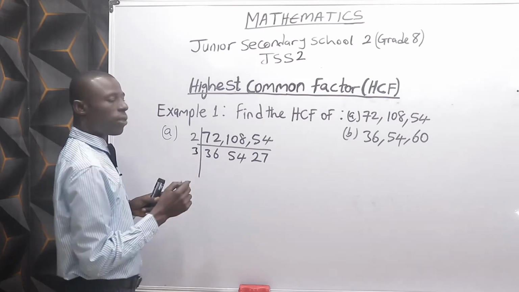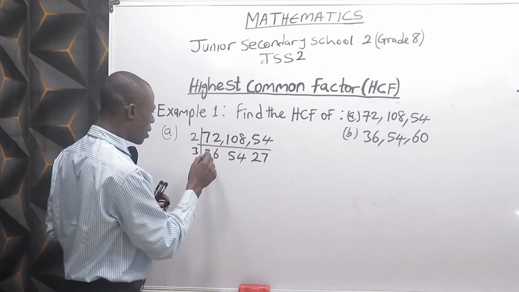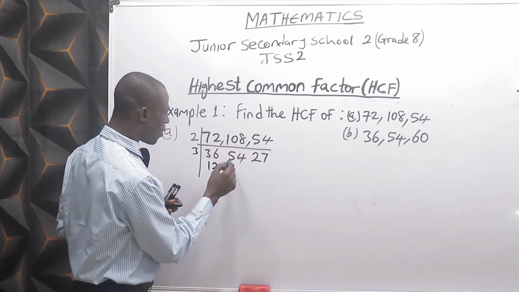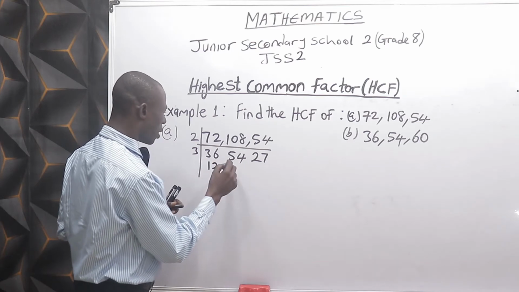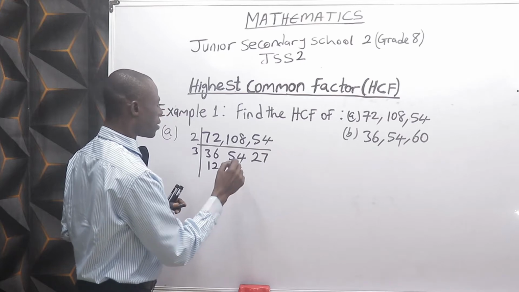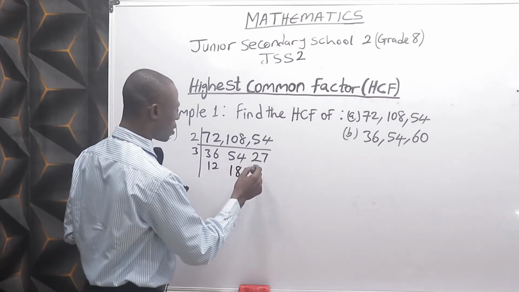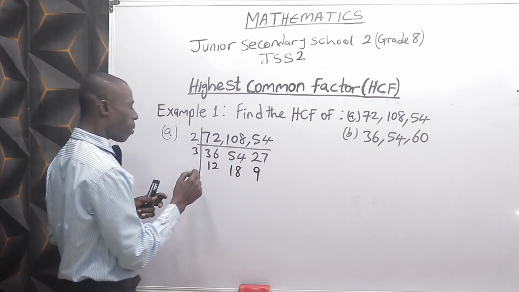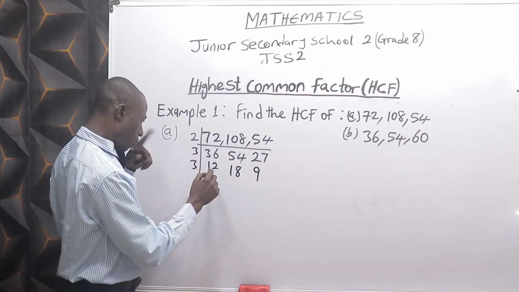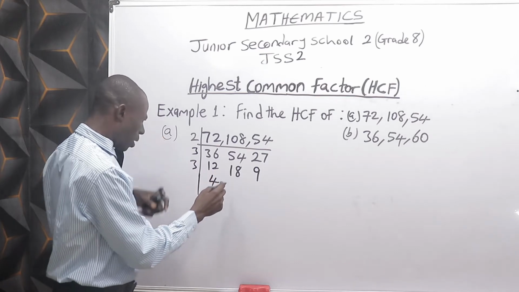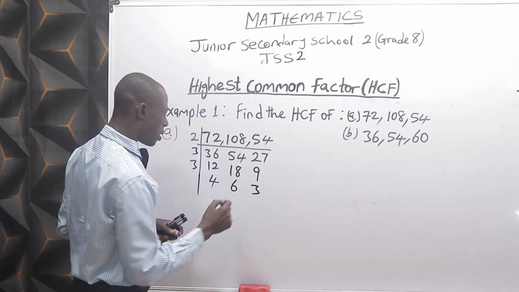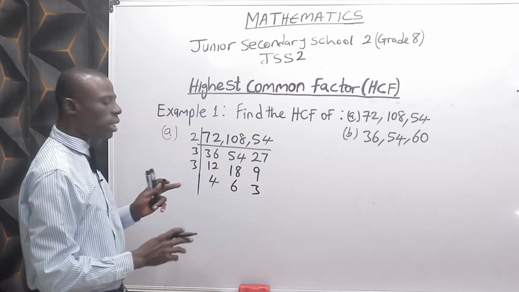Now, let's go for 3. 3 divides 36, 54, 27. 3 in 36 is 12, 3 in 54 is 18, 3 in 27 is 9. 3 goes again in all. 3 in 12 is 4, 3 in 18 is 6, 3 in 9 is 3. Nothing else goes in all.